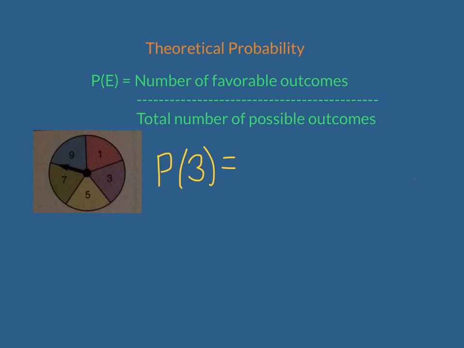So for the probability of a 3, there's one spot that has a 3 out of 5, so there's 1/5, and in decimal form, that would be 0.2, and that would be possible.